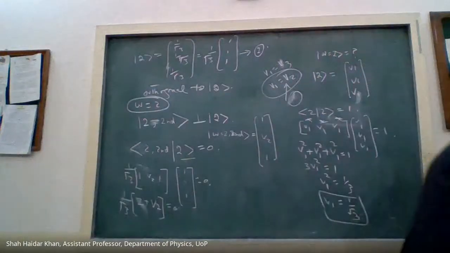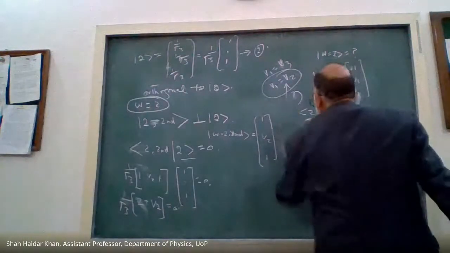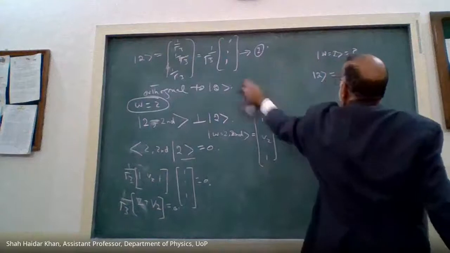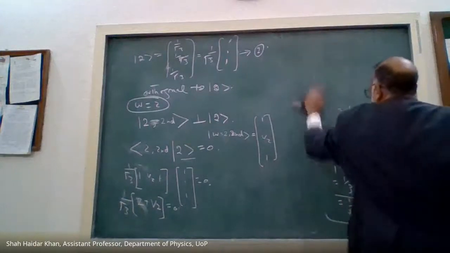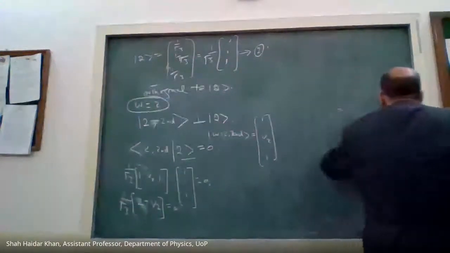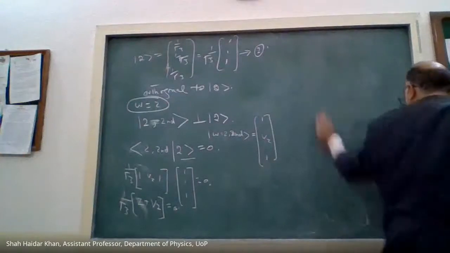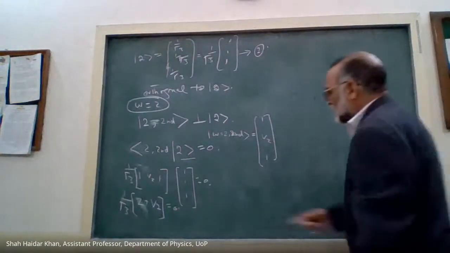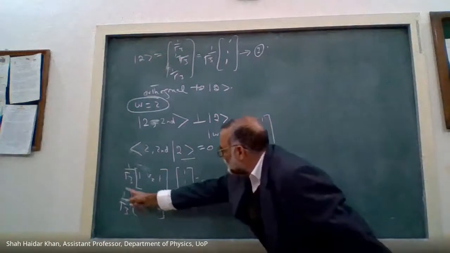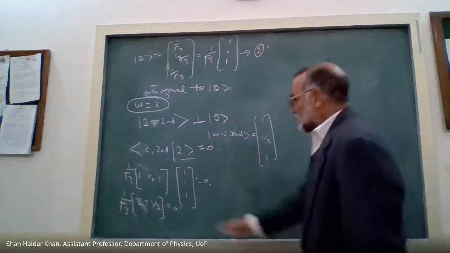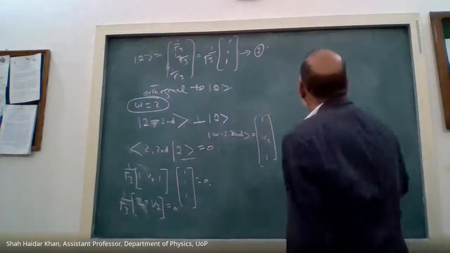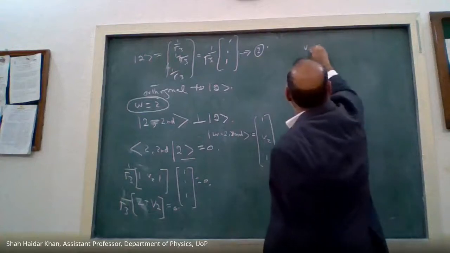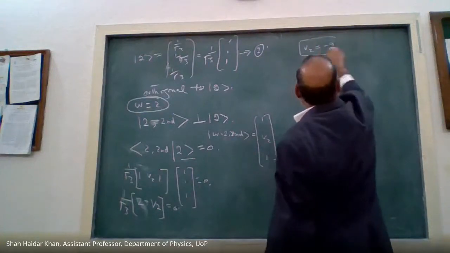And is equal to 0. So you would multiply it with square root 3, so this will go away, and because V2 is equal to 1.